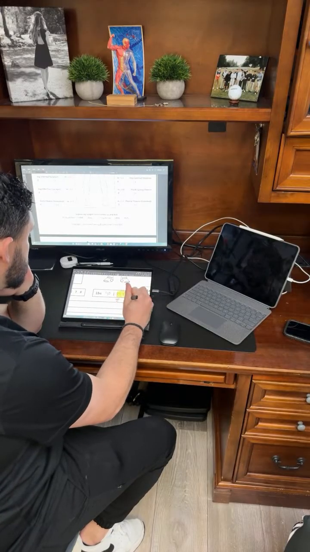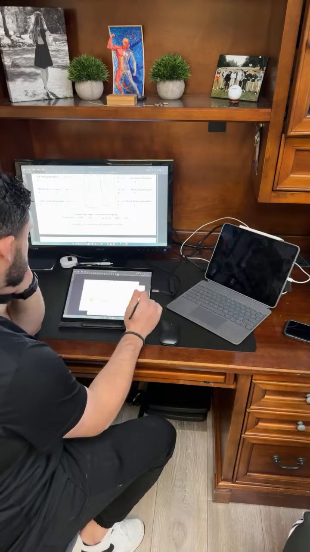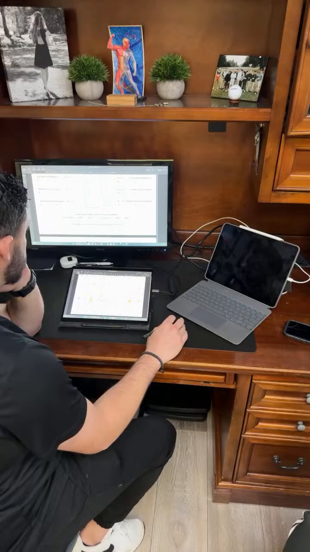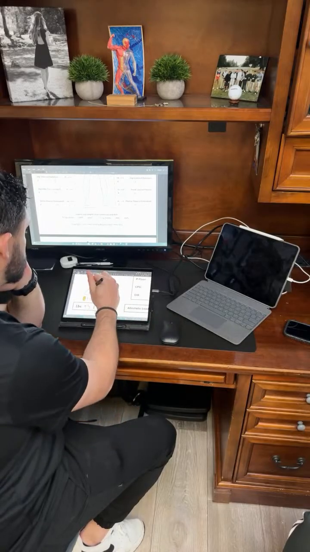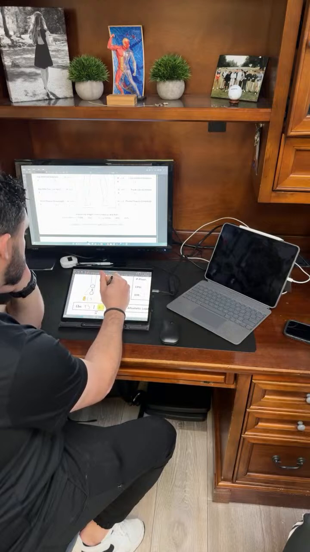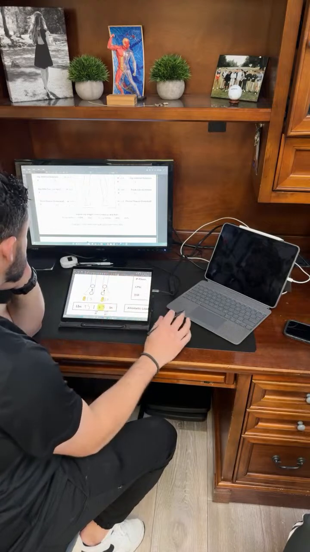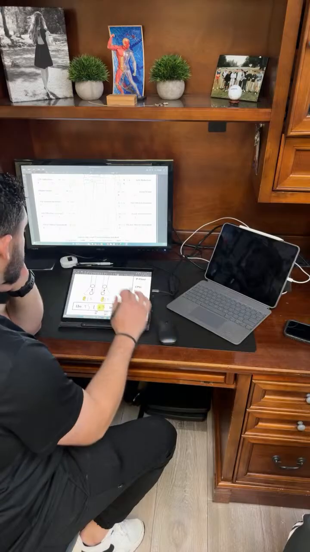87 and 80. Cool. P flexed 2. Hip hike left.